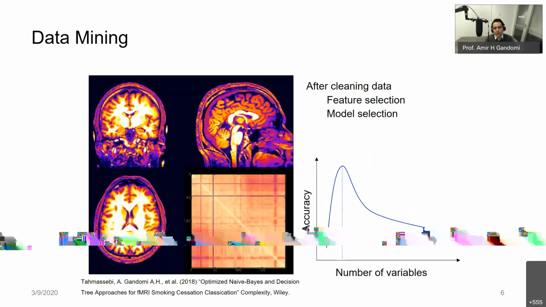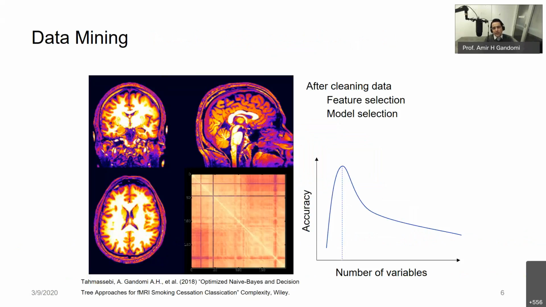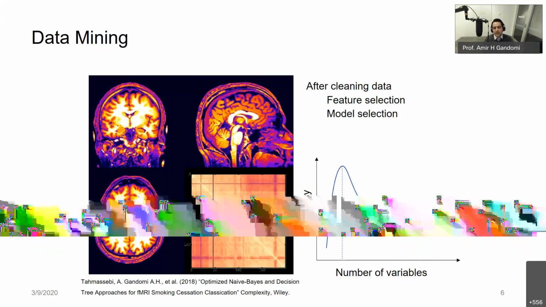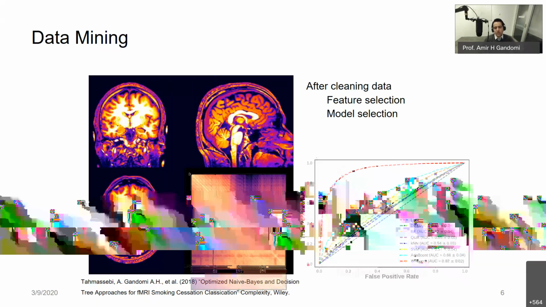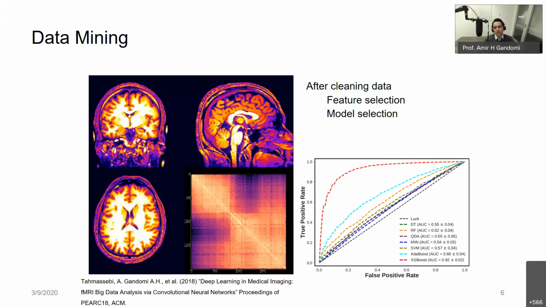When we want to do data analytics or data mining, we have two main selections. We want to do feature selection, and then we need to do model selection. For example, here you can see this plot for feature selection. We need to find the optimum number of variables. For this problem, the optimum value was placed here. Or after doing some pre-processing, we would like to find the best model.